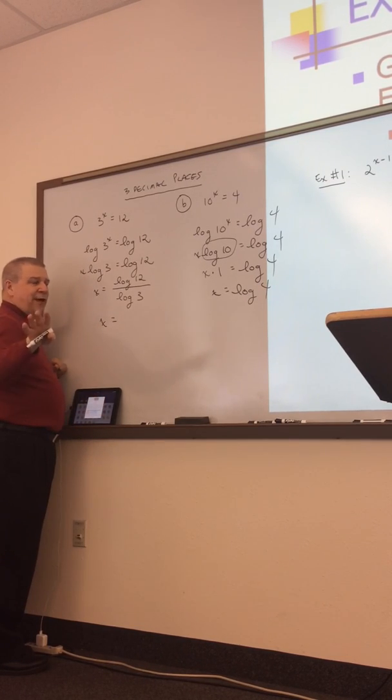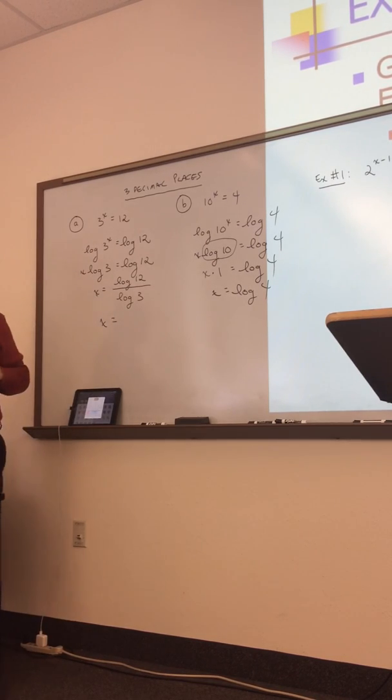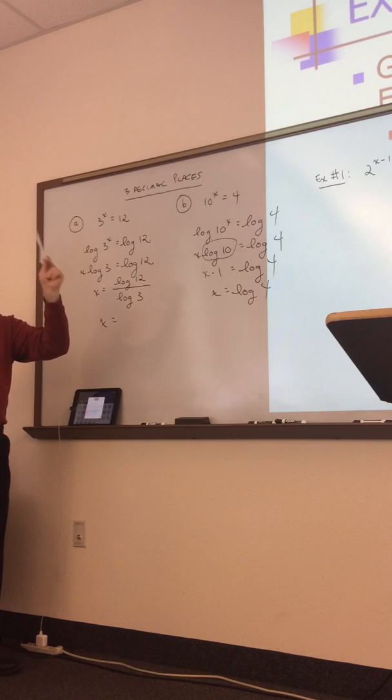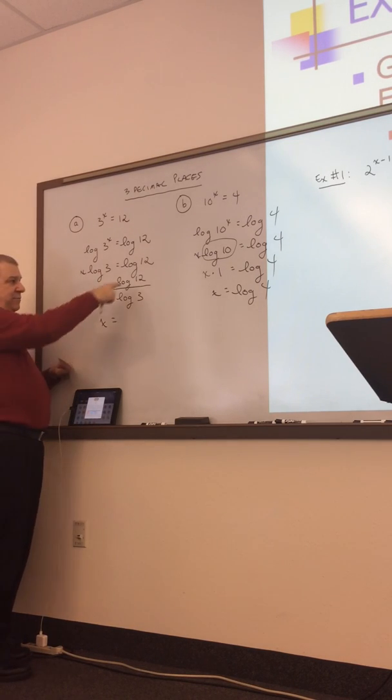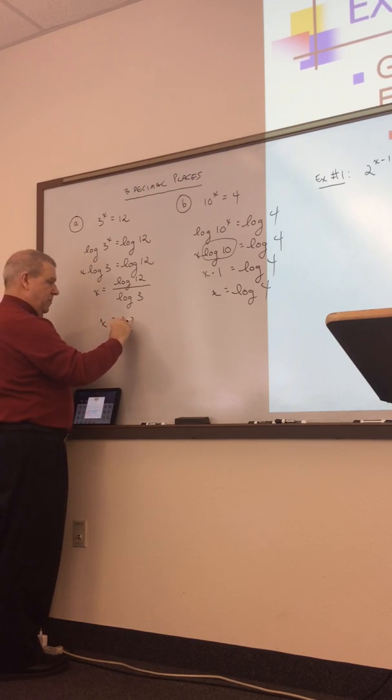I need someone to give me the answer to 3 decimal places. Everybody should have the exact same answer. Your calculator's going to do all this for you. Max. 2.262.